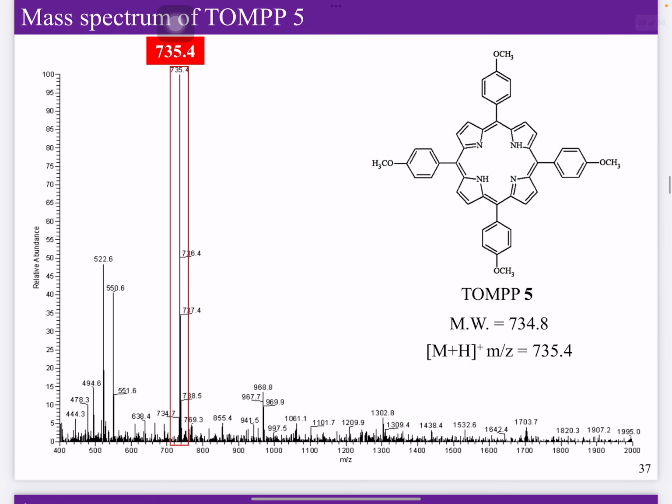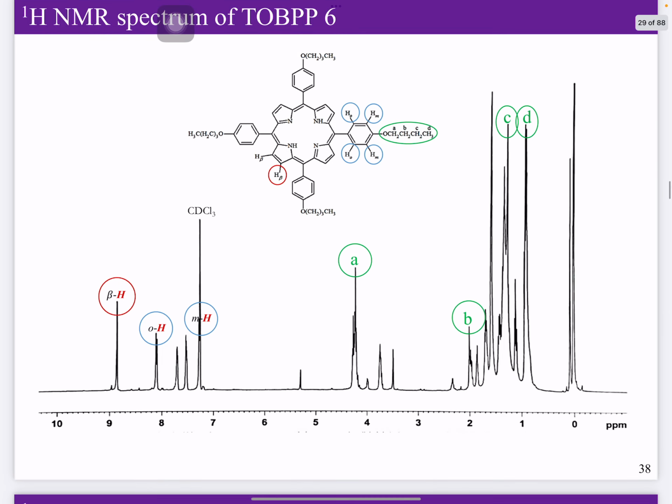The mass spectroscopy shows the mass spectrum of TOMPP as the representative. The mass spectrum shows 735, as we expected, since one proton will attach to the complex when it runs in the mass spectrometer. However, we found some small peaks which indicate fragments of the compound.